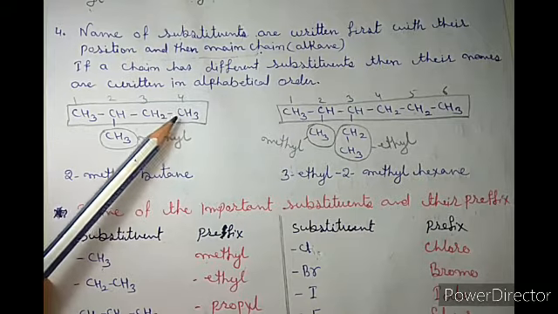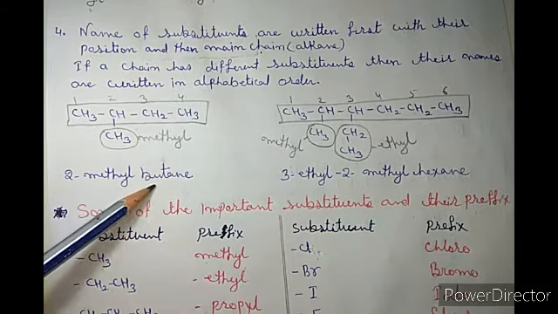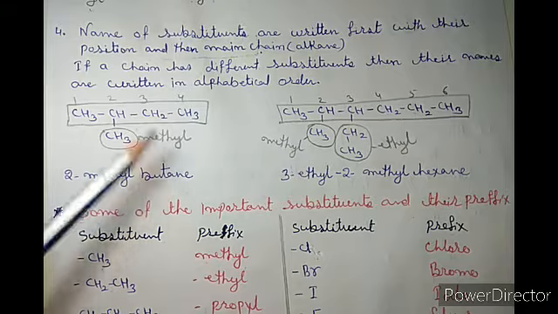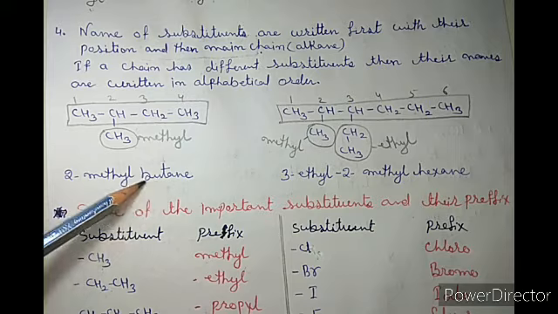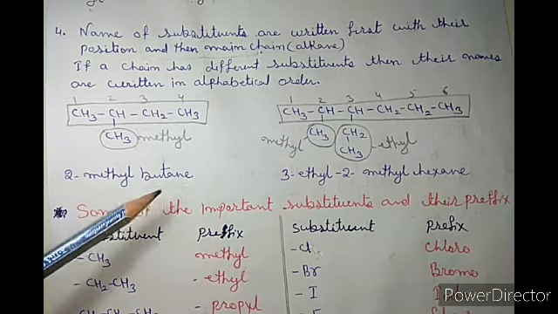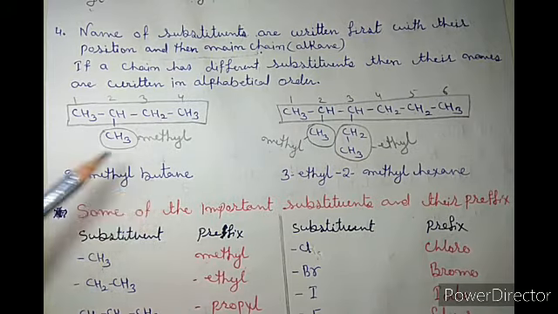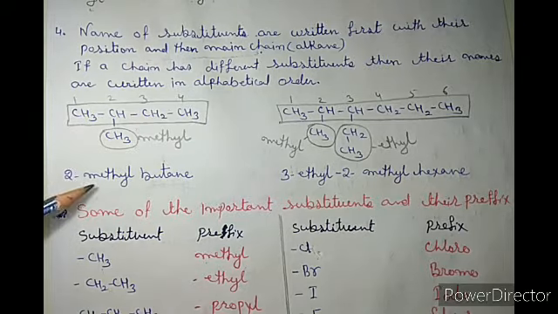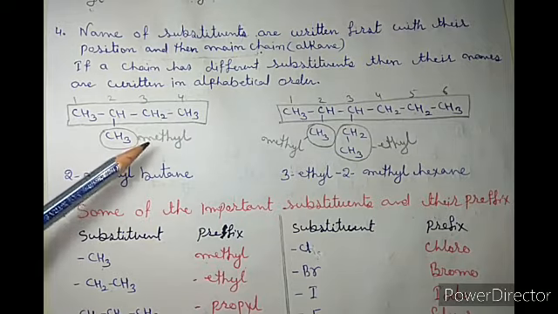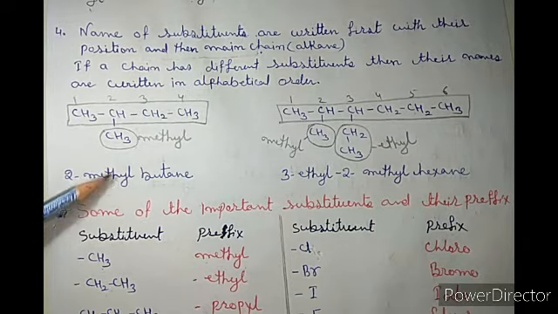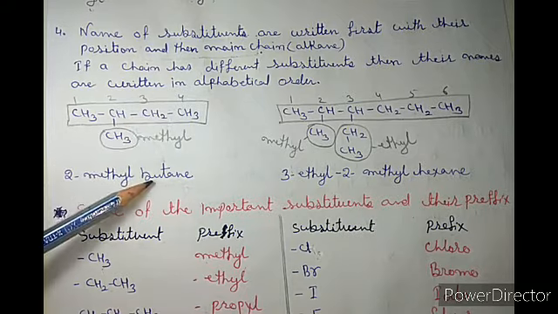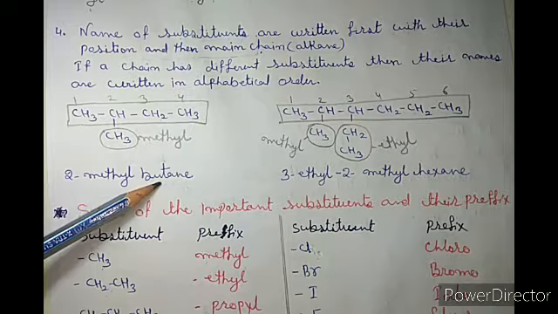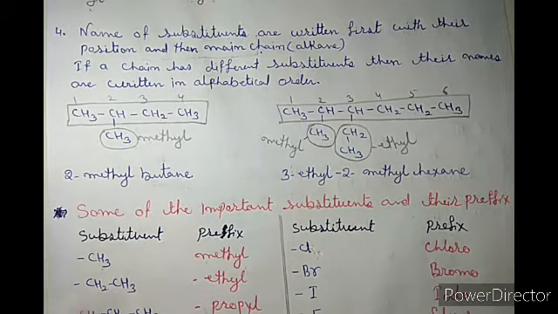Here 4 carbon, for 4 carbon that is but, and since that is saturated, that means single bonded, that is ane. So the main chain name is butane. Got it? So its complete name becomes 2-methyl, because that is the substituent. So write the name of the substituent first, that 2-methyl, then the main chain name butane. So the name is 2-methyl butane.